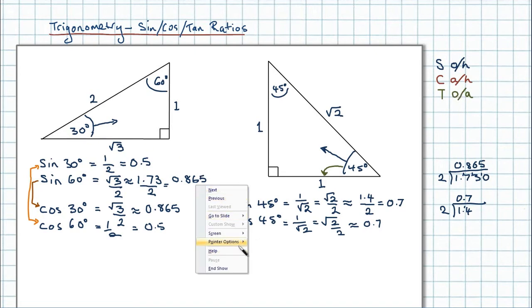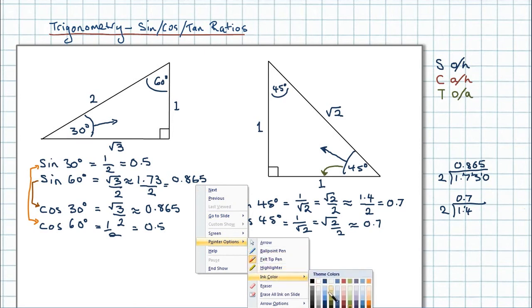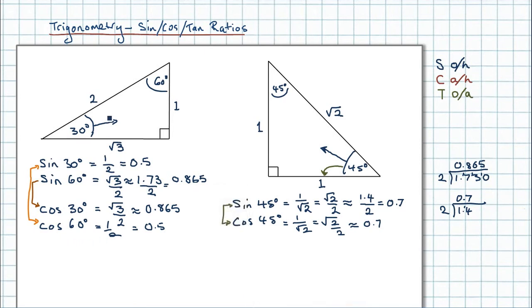So if we go back to our 30, 60, 90 triangle, where's our tangent of 30 degrees? In this case, with a 30-degree angle, our tangent is going to be the opposite, TOA, opposite, which is 1, divided by, let's just adjust that a little bit.